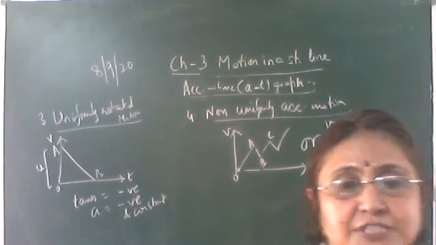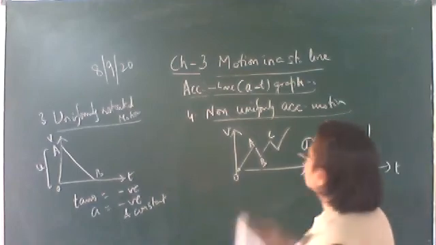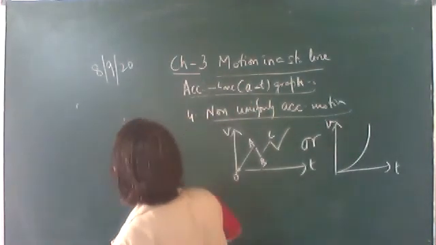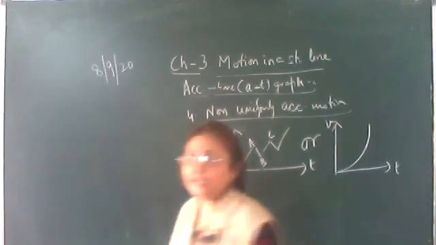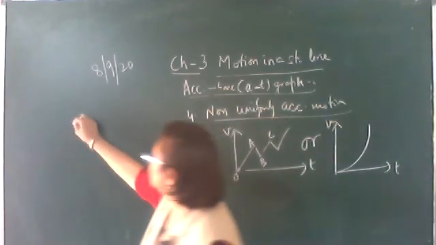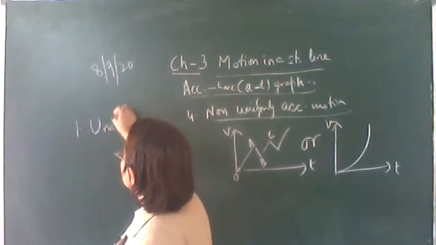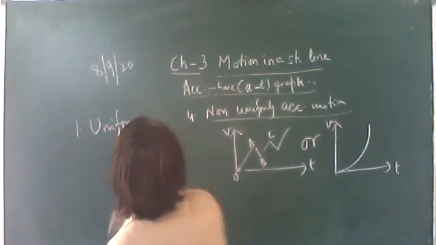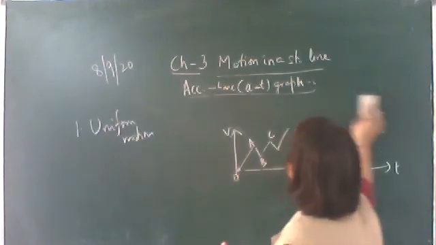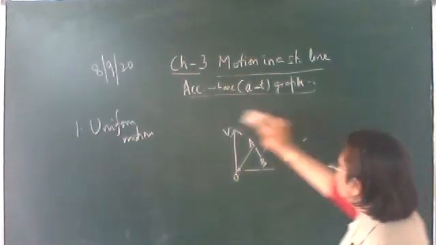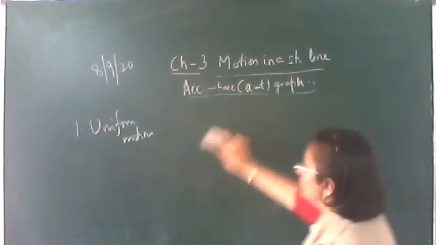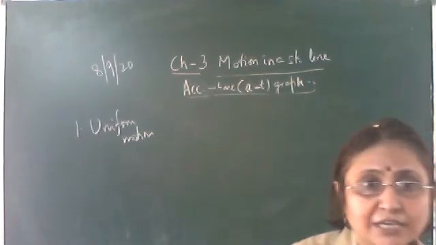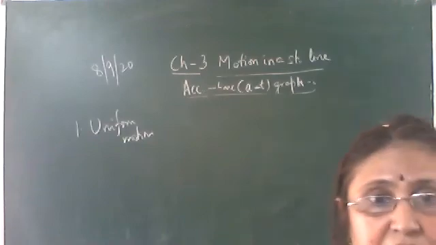That is, the graph is plotted between acceleration and time. For uniform motion, how will the acceleration time graph be? Anyone? You can unmute and give me the answer.